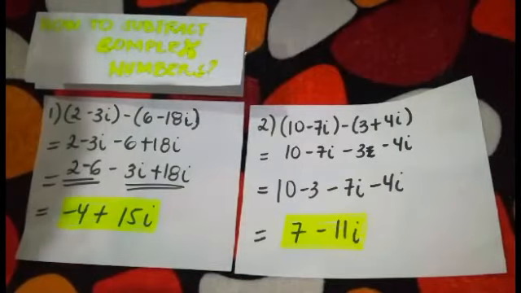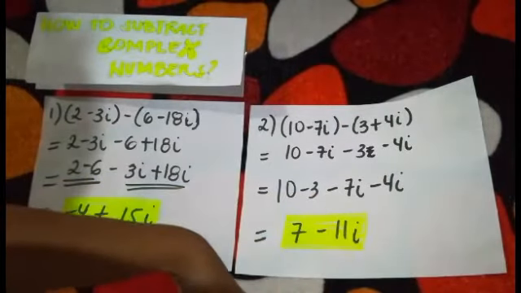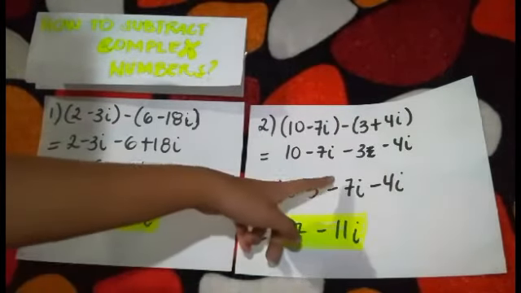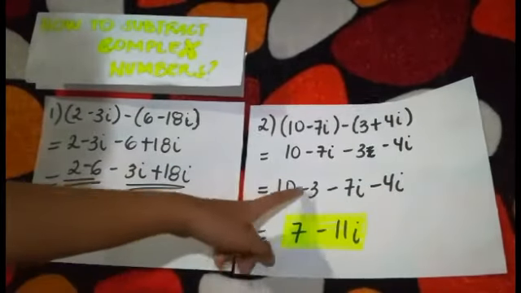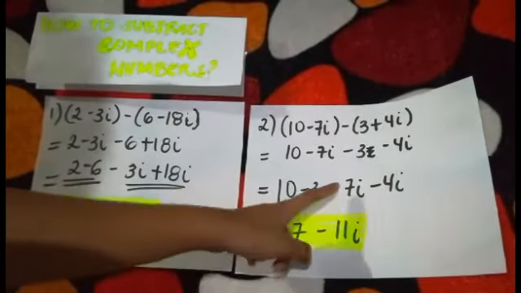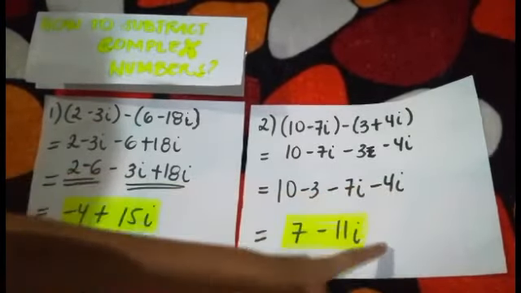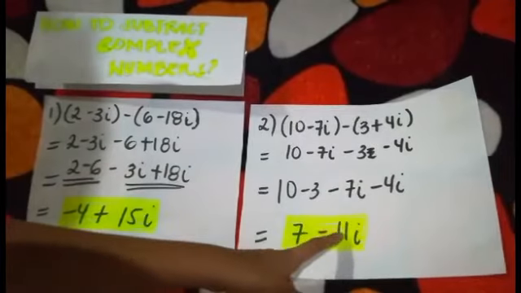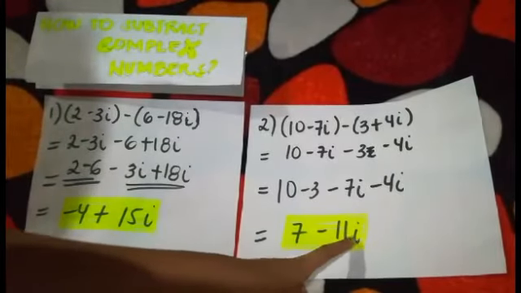Then we subtract the real numbers, 10 minus 3, and we subtract the imaginary numbers, negative 7i minus 4i. 10 minus 3 is equal to 7. Negative 7i minus 4i is negative 11i. So the answer is 7 minus 11i.